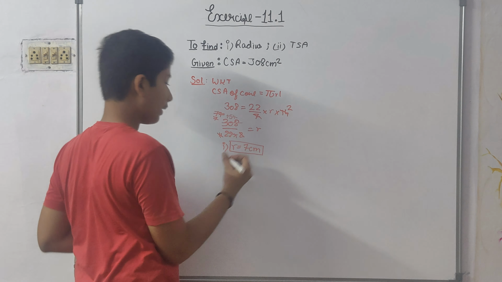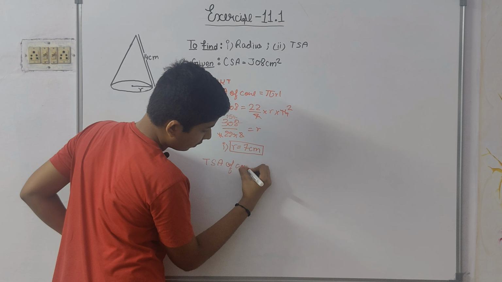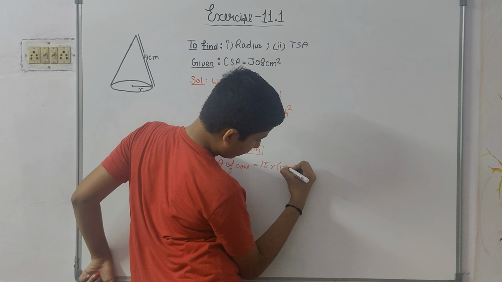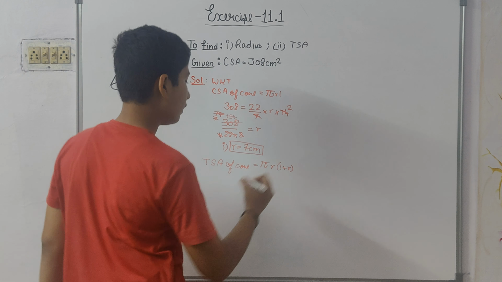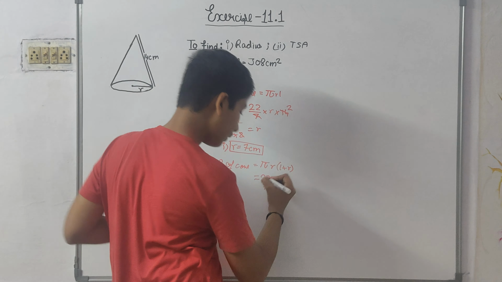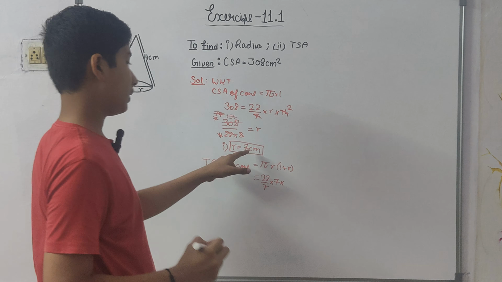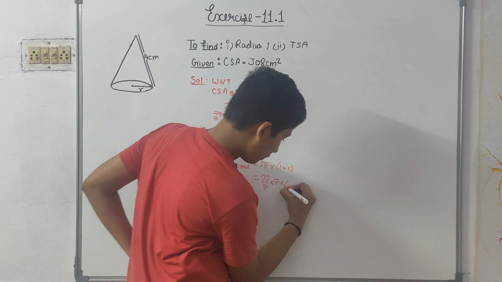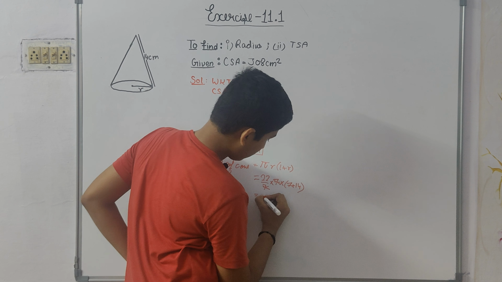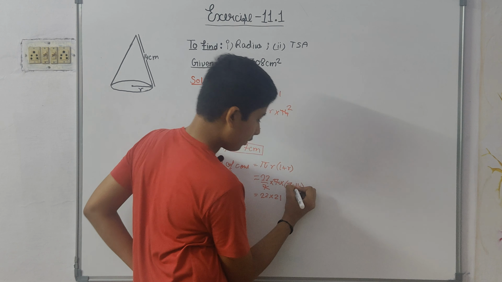Now coming to the second one. TSA of cone equals pi R bracket L plus R. Pi is 22/7, radius is 7, multiplied by L plus R, which is 7 plus 14. So let's cancel this off. 22 into 21, since 7 plus 14 is 21.